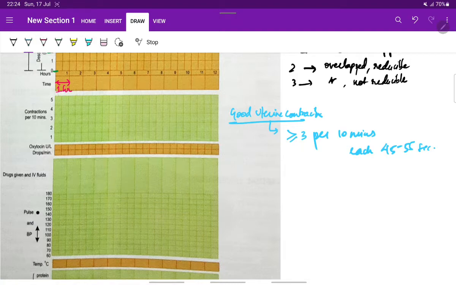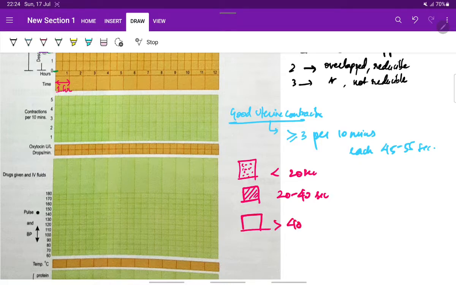And for the uterine contractions, if it is less than 20 seconds, we keep dots. From 20 to 40 seconds, we make stripes, and if it is more than 40 seconds, then we shade the full box.